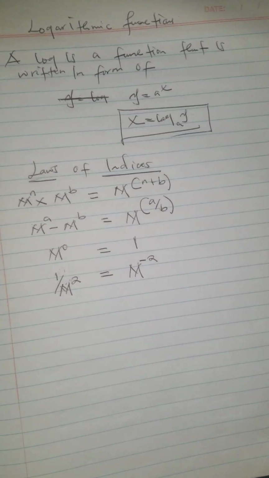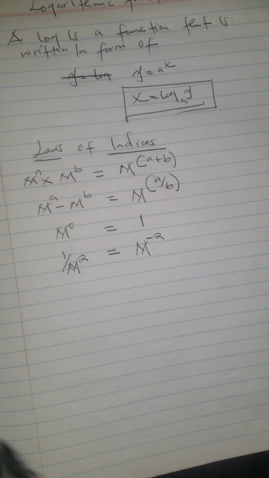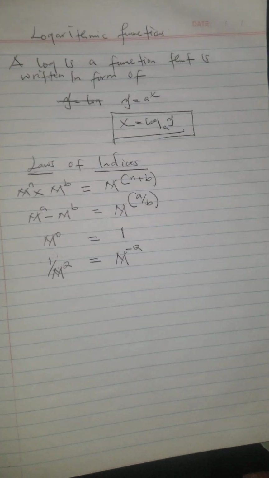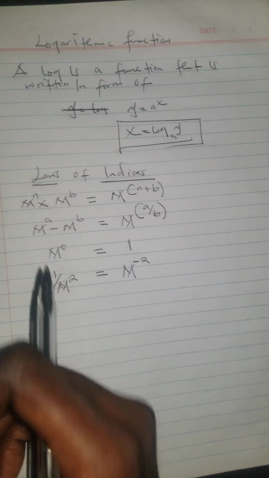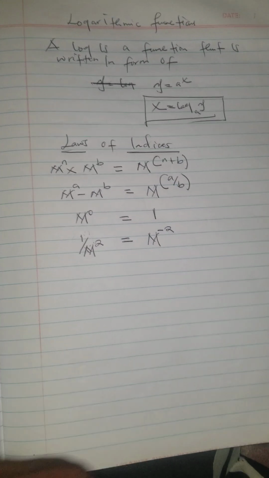So you remove the numerator, which is 1, and then you introduce a negative to the power of the denominator. So what else are you supposed to do from that?